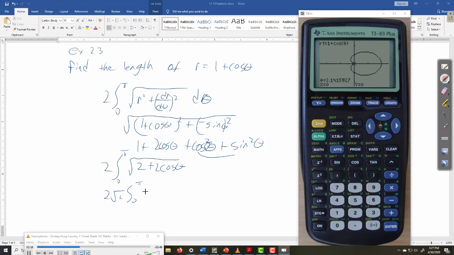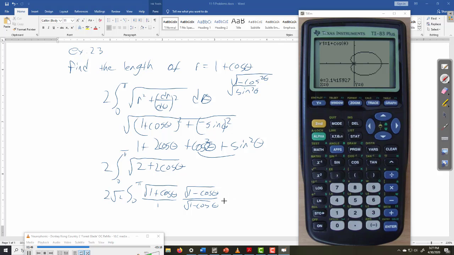0 to pi, square root of 1 plus cosine θ. I think what I'll do with this is I will do the trick of rationalizing the numerator by multiplying by 1 minus cosine θ over 1 minus cosine θ. Because then I'll get 1 minus cosine squared, which is sine squared, underneath the root on the top.